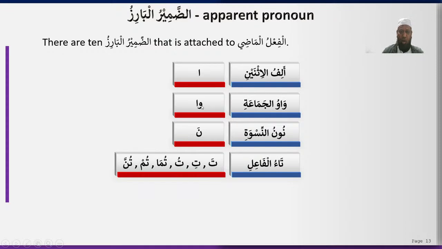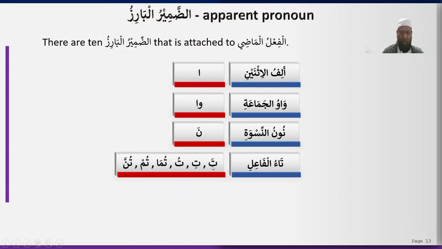We'll add the waw to make it waw al-jama'a, to make it plural. This waw is ad-damir al-bariz, that is the fa'il. The noon al-niswa, that is the damir, that is the fa'il.